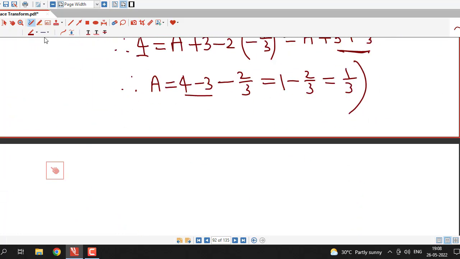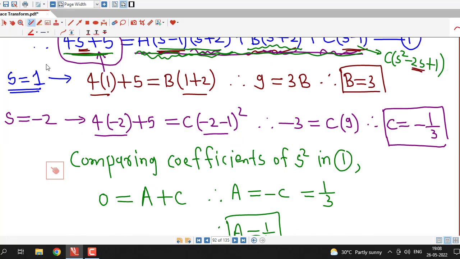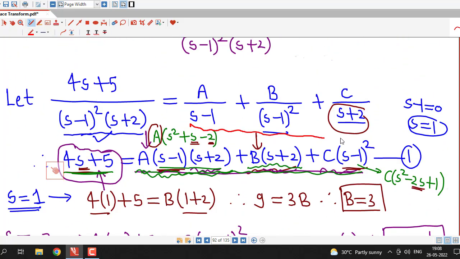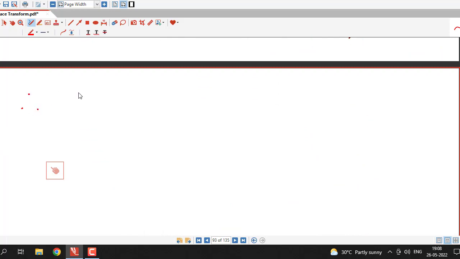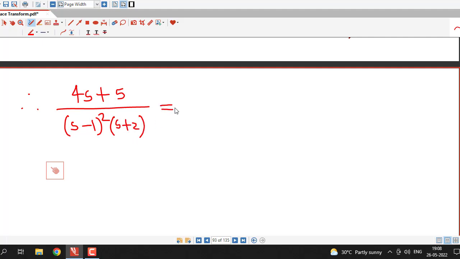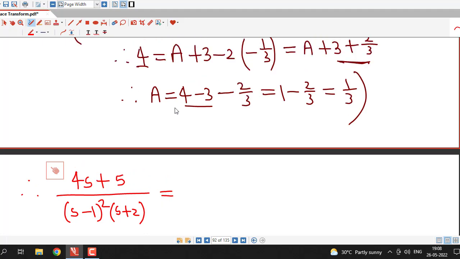And once we find these constants, then we put their values on the right hand side. The left hand side is our function 4s plus 5 over s minus 1 square times s plus 2. This we have now written as a sum of partial fractions. The value of A is 1 by 3. So the first factor was A divided by s minus 1, and A is 1 by 3, so we write 1 by 3 into 1 over s minus 1.